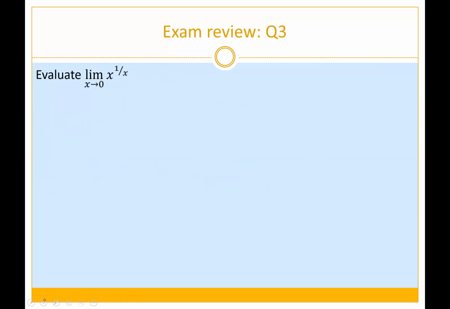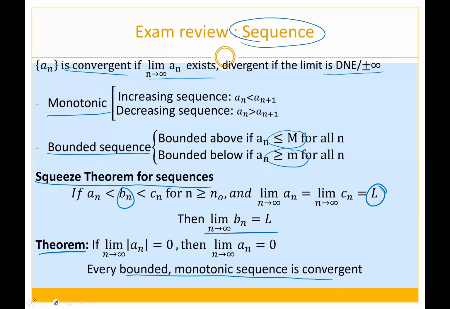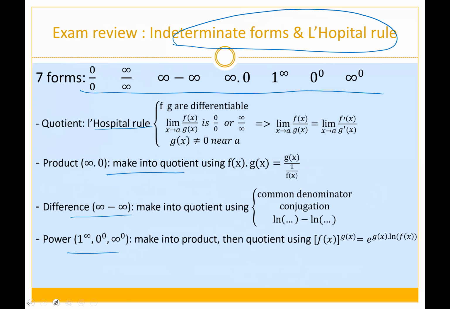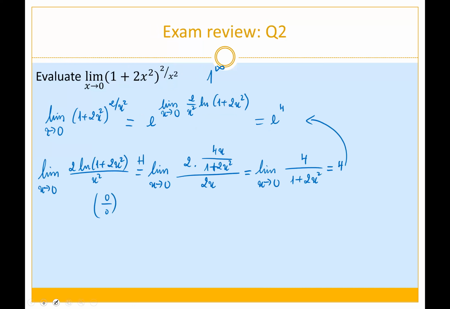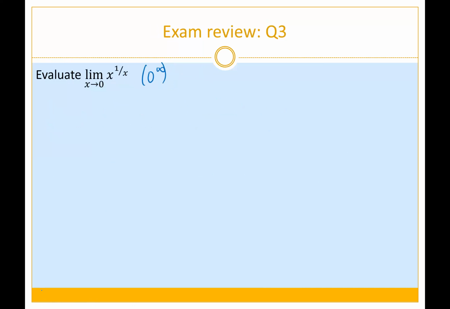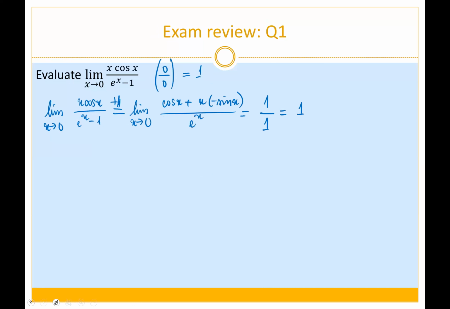This one is very similar to the previous one, so I'm going to go through it quickly. This one we have 0 to the infinity. So let's check the indeterminate form, because I have a feeling that this is not one of them. Yes, it's 0 to the infinity. When you plug in, you're going to have 0 to the infinity, and this one has the answer be 0 because it doesn't fall into any indeterminate form.